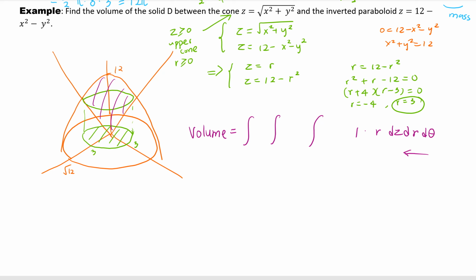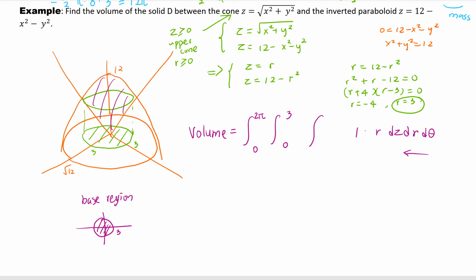For our base region, theta goes from 0 to 2 pi, and r goes from 0 to 3. Is that okay, everybody? The base region is this disk with radius 3. So just keep in mind the base region radius is not square root of 12. So be careful with that.